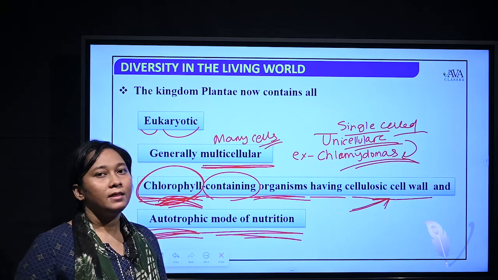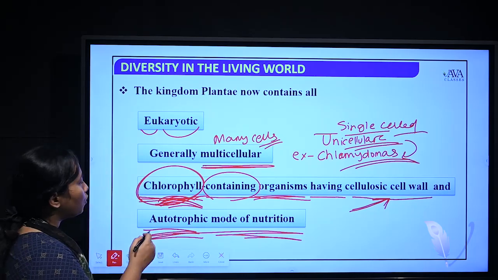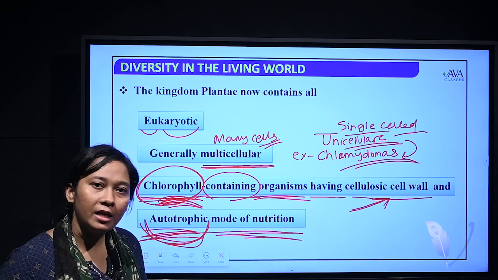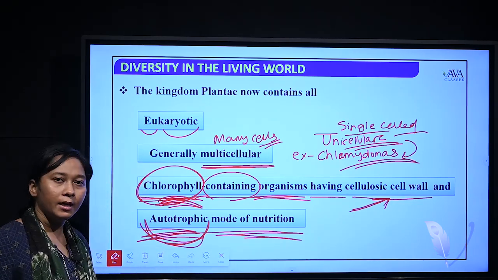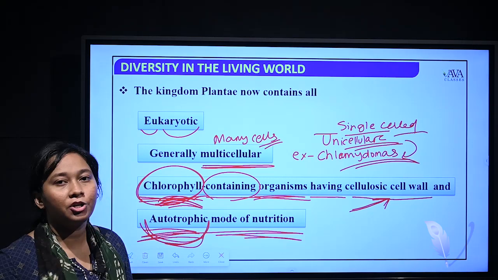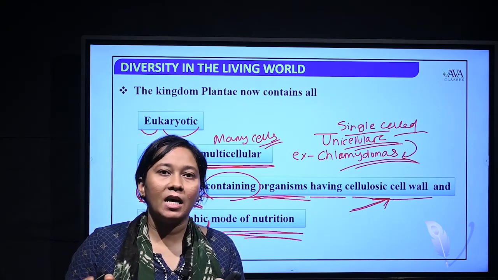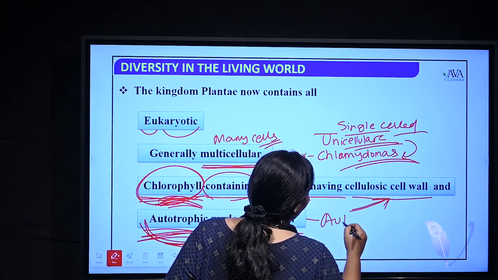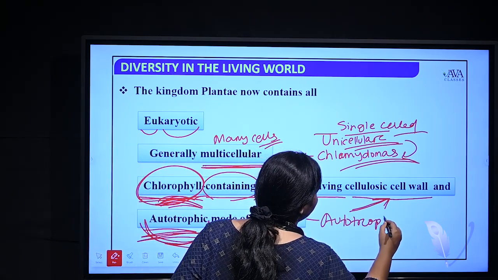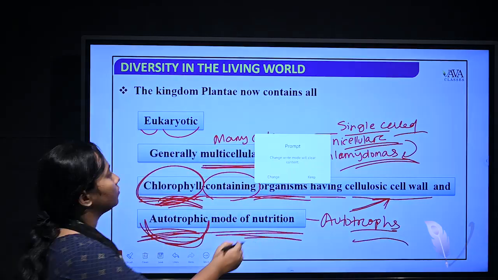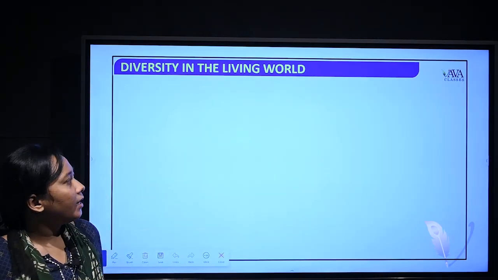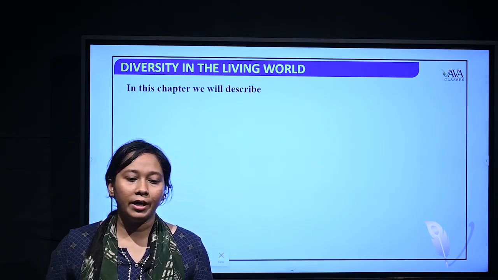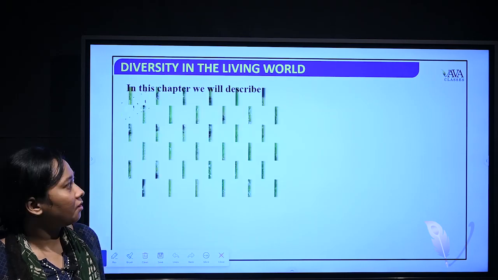And that's why they are called autotrophic organisms, or their mode of nutrition is autotrophic. As their mode of nutrition is autotrophic, that's why they are called what? Autotrophs. Clear, students? Next we will look into their habitat, where they are found, in which areas they can survive.